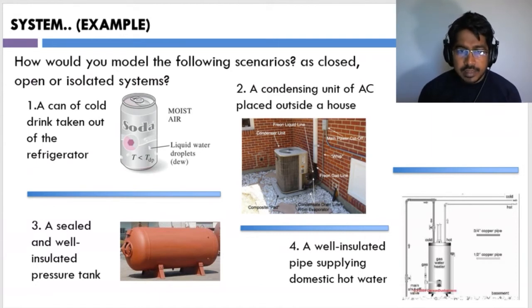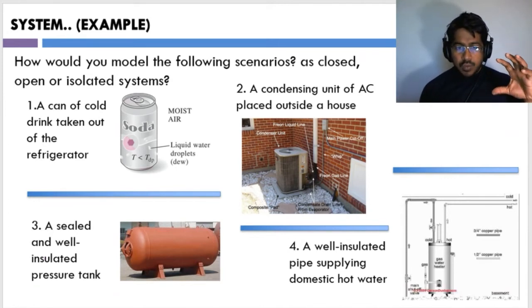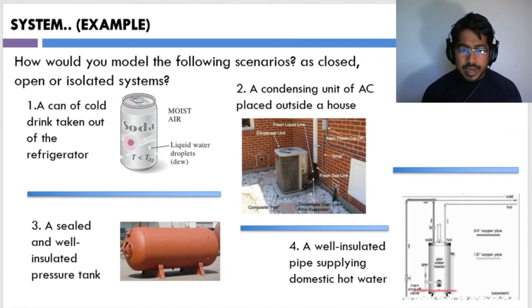And the second one is the condensing unit of an air conditioner, placed outside your house, right? There you see the cold air or hot air coming into the system and out to the surroundings, right? In addition to that, we have the refrigerant from inside the house flowing through the coils of the air conditioner.